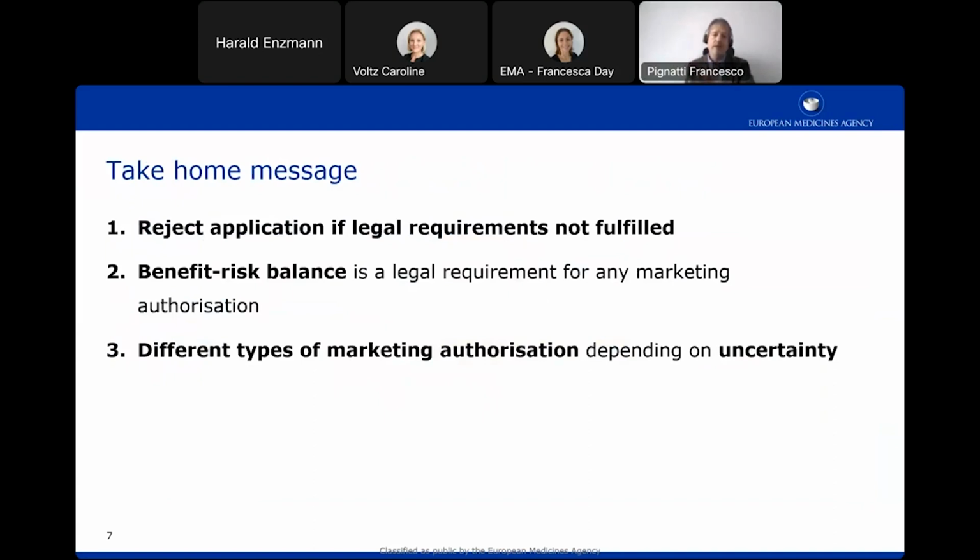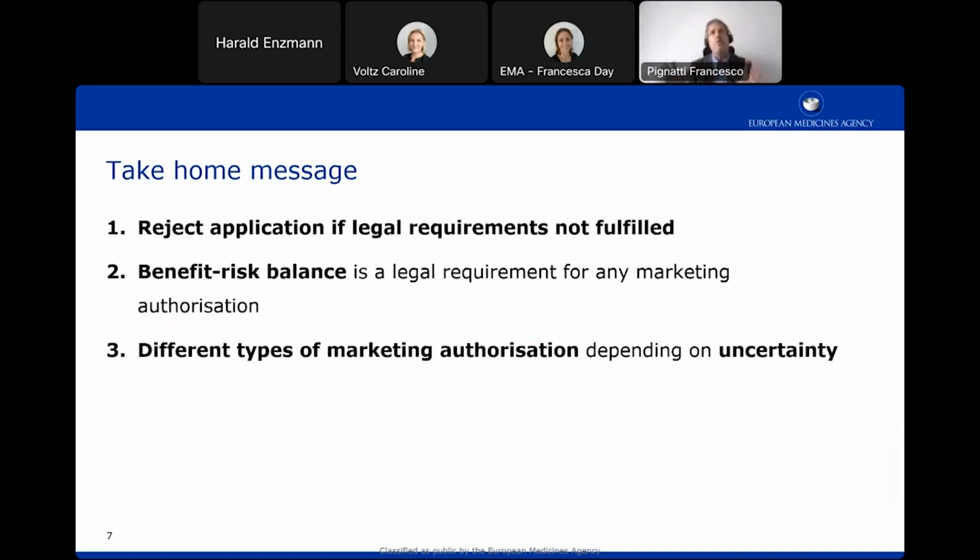So if we want to look at a summary of this first part of the talk today, the take-home message is that the legal framework is based on rejecting an application if the legal requirements are not fulfilled. That has always been the case.